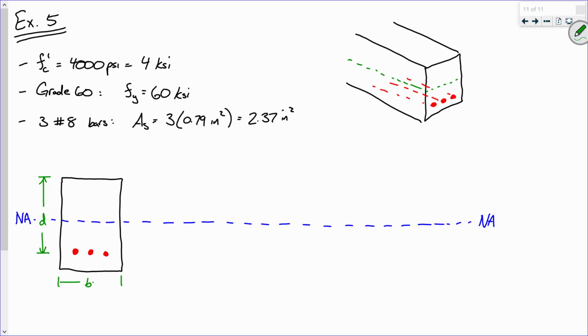There we go. Now, from here to here, what is that? That's C. So C is the distance from the top of the beam to the point where there's 0 stress or strain, really 0 strain. That's what's going on with C.